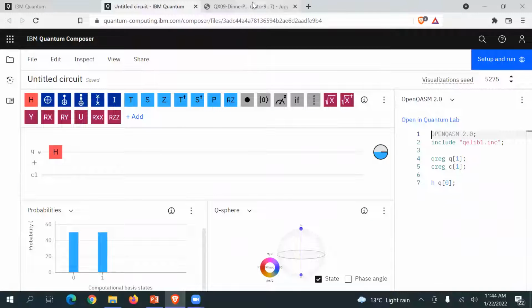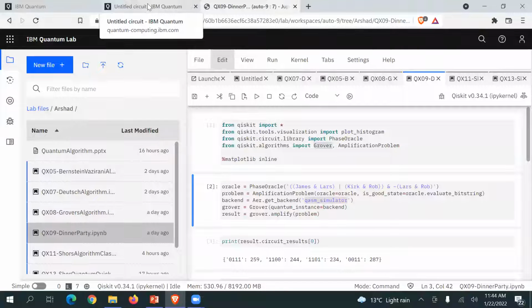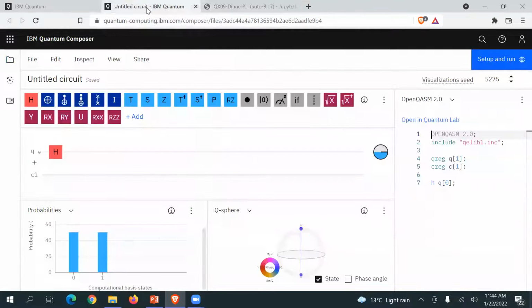IBM does provide it. I registered with my personal ID and I am able to access all of these. They are providing this for practice purposes, just like Google gives Gmail and G Drive access to general people, IBM is also giving access to this right now. So I am using my personal email ID to access these environments.